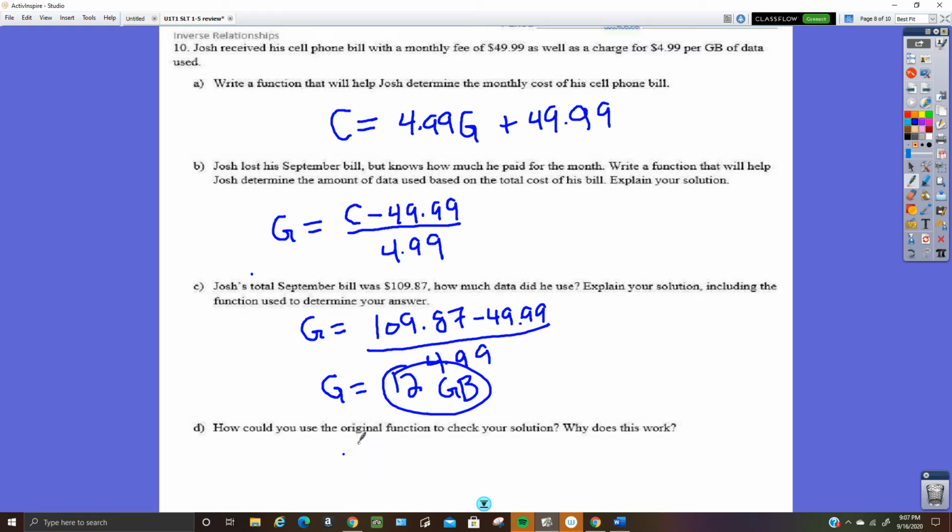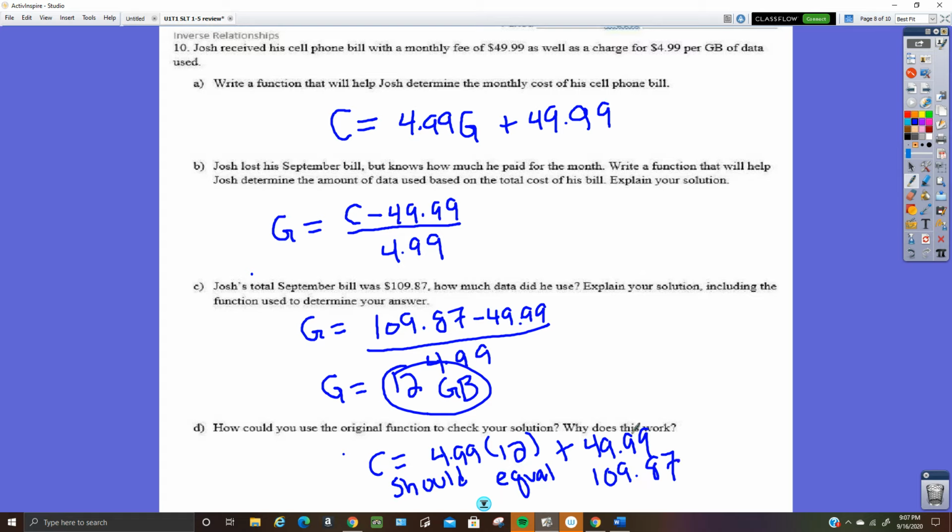So how could you use the original function to check your solution? If I plug in a 12 here, so if I did 4.99 times 12 plus 49.99, that should equal 109.87.